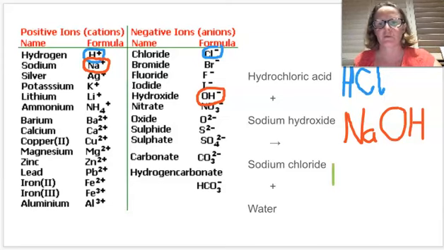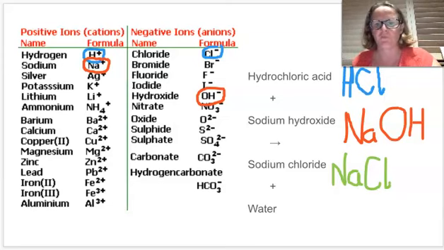So the simple formula for sodium chloride is Na, capital N, small a, chloride, capital C, small l, and one of each cancels each other out to make a neutral molecule. And we know that the molecular formula for water is H2O. So that's how we work out the molecular formula and the symbol equation for that simple neutralisation reaction.